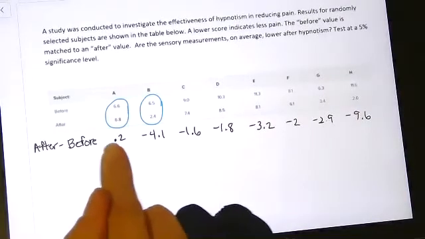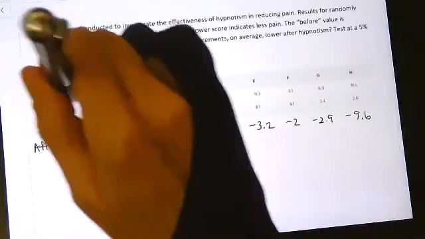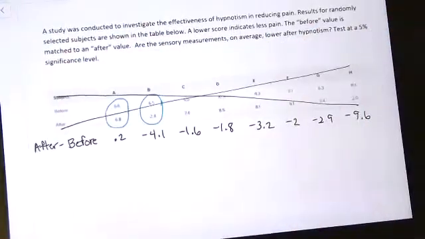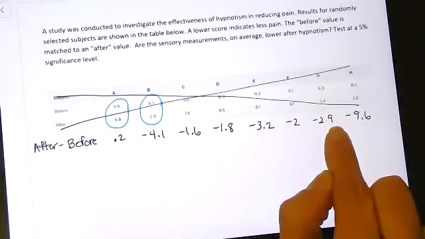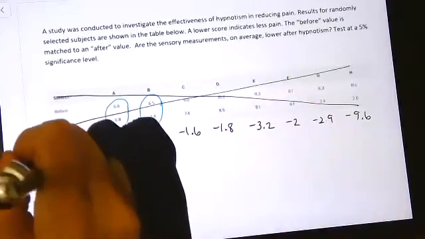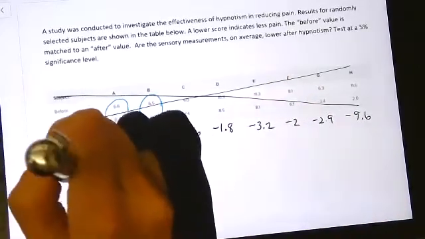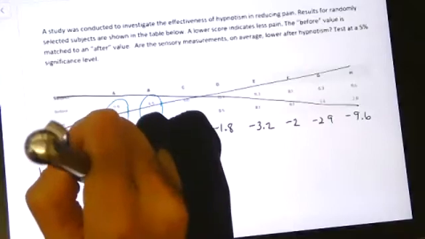Okay. Now, once we have done this, you can ignore all of that because now we're just looking at one sample. So we're going to do everything that we have done before with one sample, but we're going to use these differences. Okay. So first thing we need to do is define our parameter.